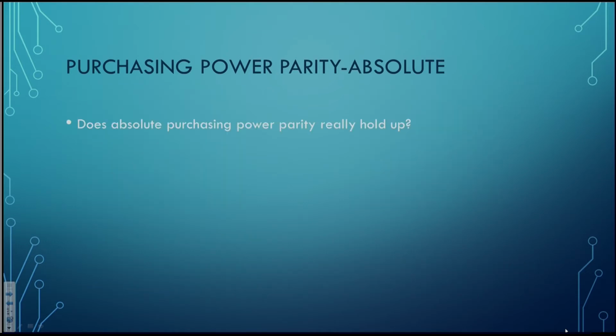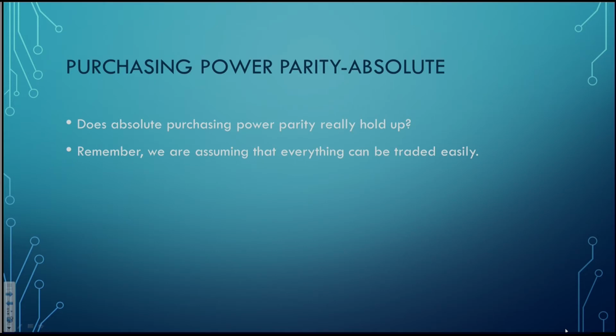But we have to ask, does absolute purchasing power parity really hold up? Remember, we're assuming that everything can be traded easily, right? And because everything can be traded easily, it leads us to that law of one price.